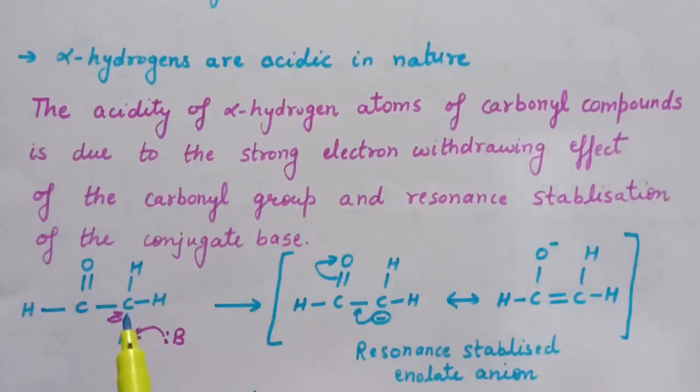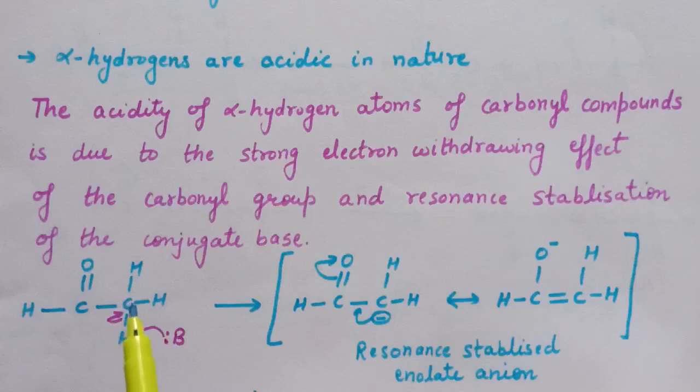This makes alpha carbon electron deficient, as in this case this carbon is alpha carbon and these three hydrogen atoms are alpha hydrogen atoms.